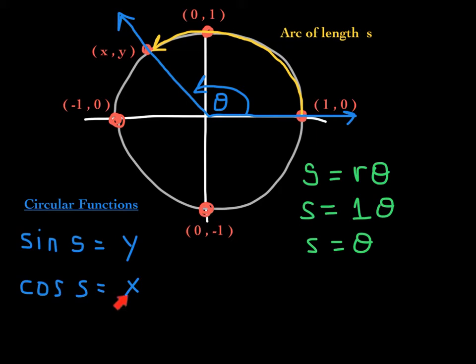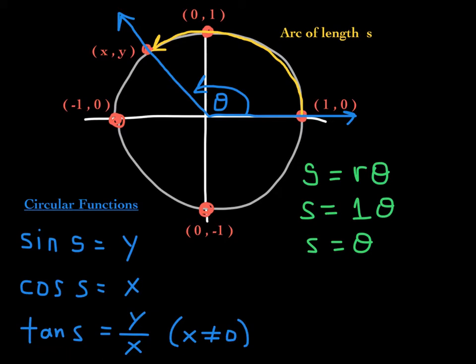Remember x over r from earlier studies from chapter 1 of our textbook? But again, x over r would just become x because r is 1. Tangent of s is defined to be y over x. Here we have to be very careful. We cannot have x be 0 here, because if x is equal to 0, then tangent of s would be undefined. Okay, so be careful.